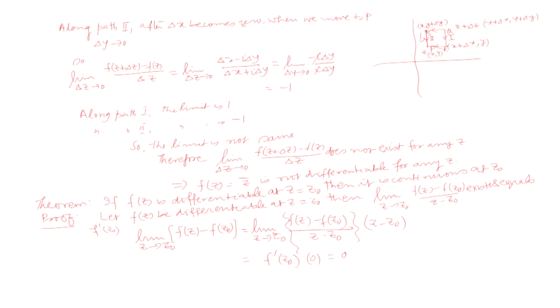Okay. So, this is equal to 0. This means that the limit of f(z) as z tends to z naught is equal to f(z naught), which means that f(z) is continuous at z equal to z naught. So, any differentiable function is always continuous, but the converse is not true, as we have seen in the case of f(z) equal to z conjugate.